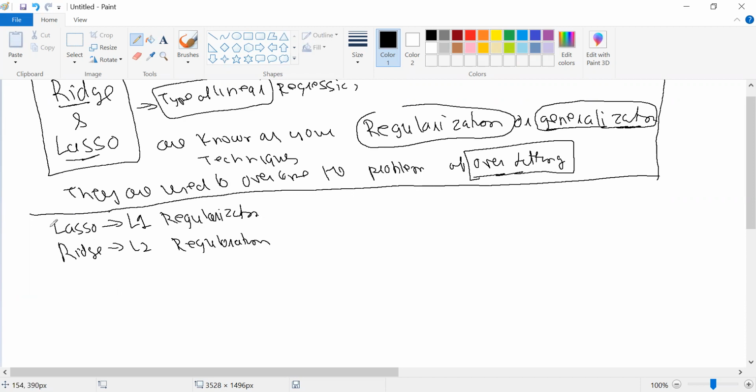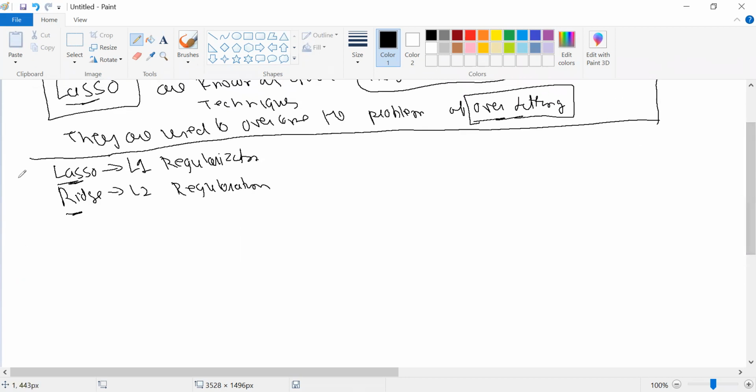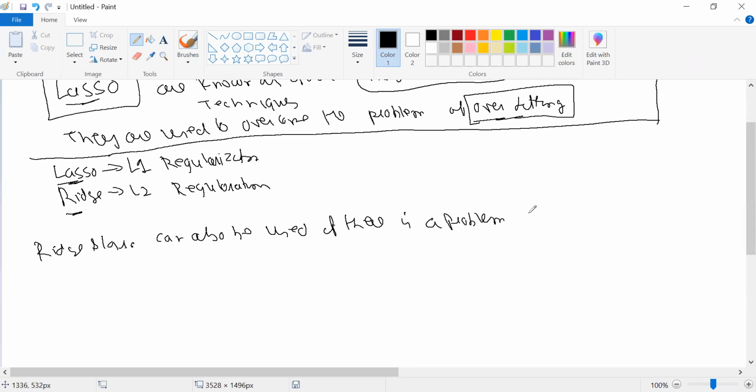Now, how do Ridge and Lasso overcome the problem of overfitting? Okay. Write down one more thing: Ridge and Lasso can also be used if there is a problem of multicollinearity.